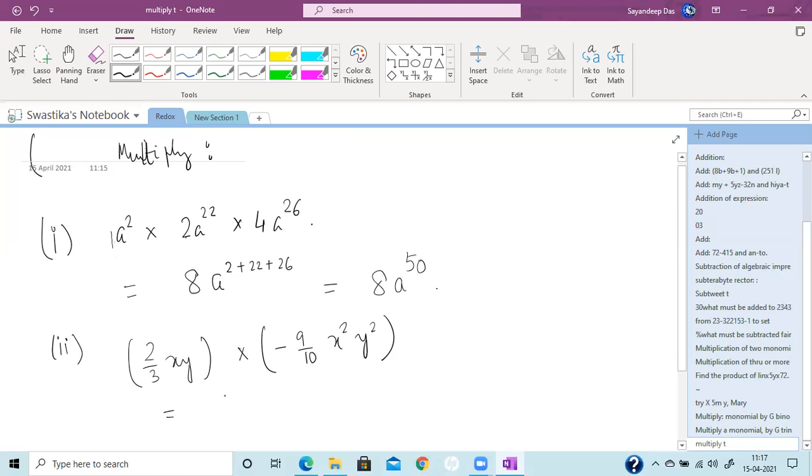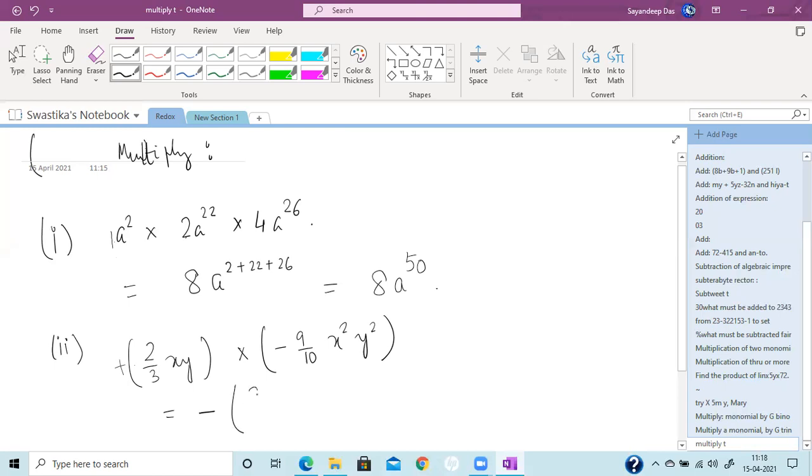Again this is positive 2 by 3, it is a plus sign, and 9 by 10 it is a minus sign. So plus into minus will be minus. Whenever you are multiplying the two terms of any polynomial, first multiply the signs. That is very important. So first I have multiplied the signs, plus, minus, equal to minus.